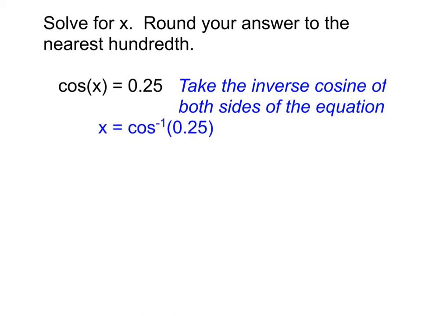Remember, inverse cosine is that cosine to the power of -1 function. And so if I take the inverse cosine of both sides of the equation, this is what my next step, algebraically speaking, looks like. So make sure you have this written down in your paper also as the next step.